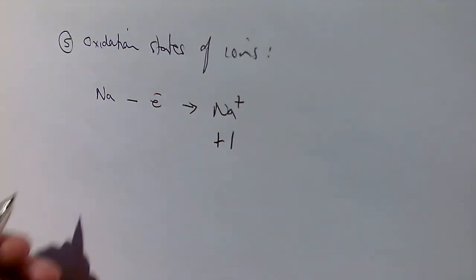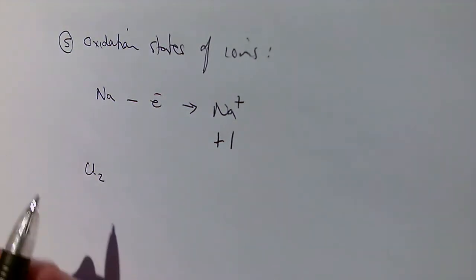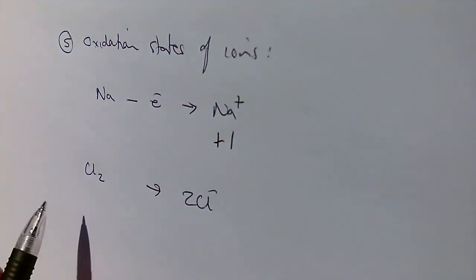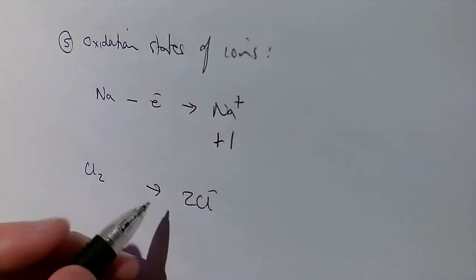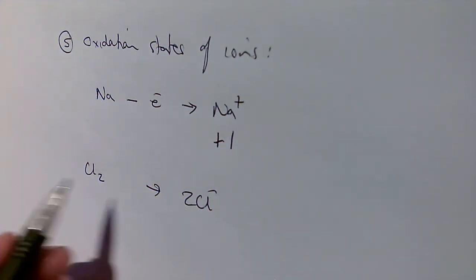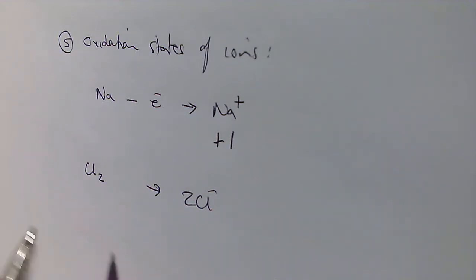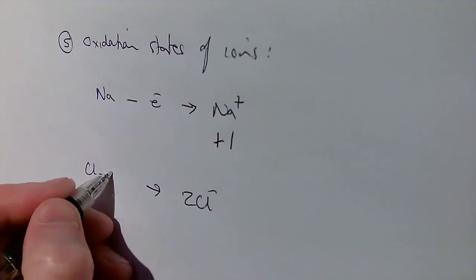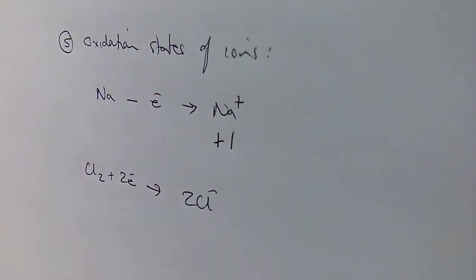If I take something like diatomic chlorine, Cl2 becomes 2Cl- when it reacts. The 2 there is just the balancing of the chlorine, so my mole ratios are correct and it balances. But now I need to balance my charges, so Cl2 plus 2 electrons forms 2Cl-.